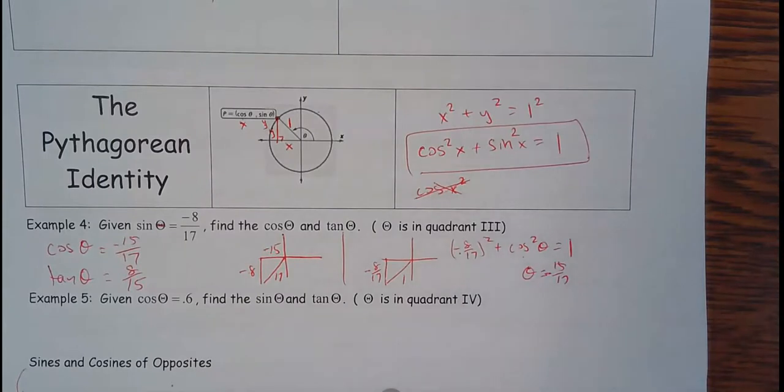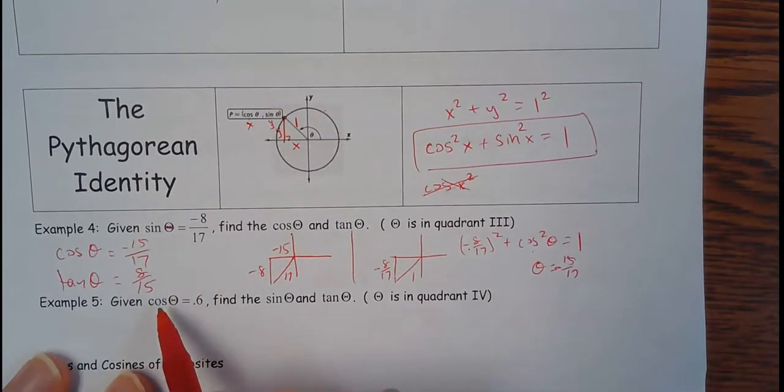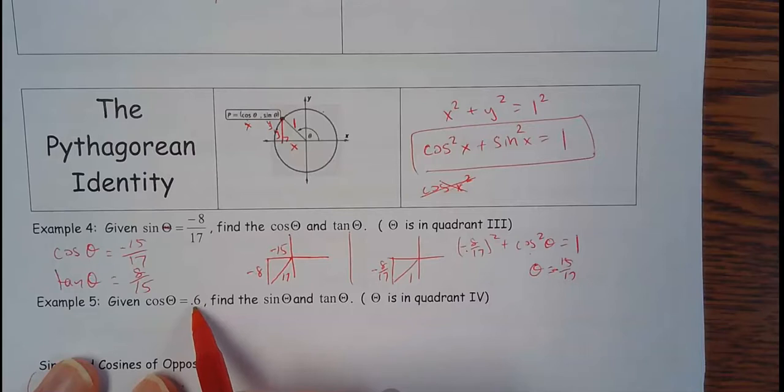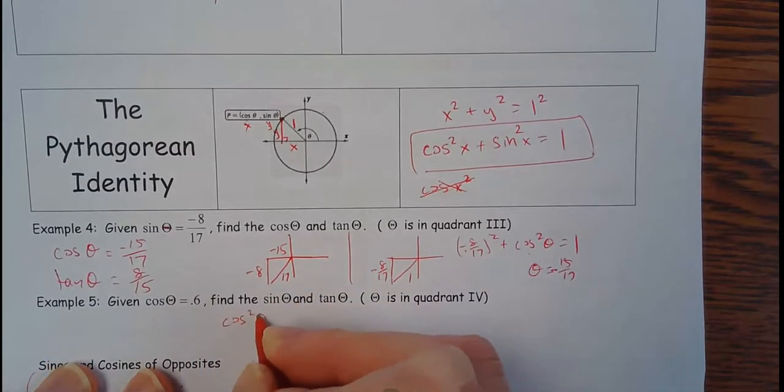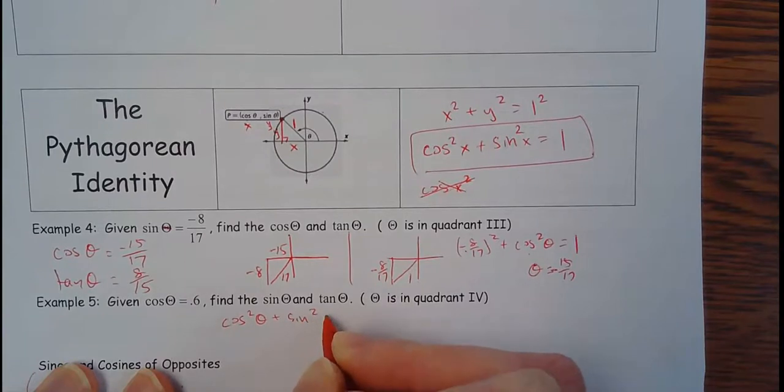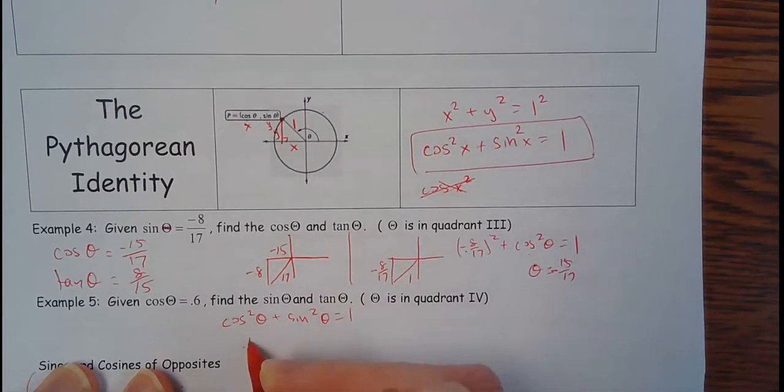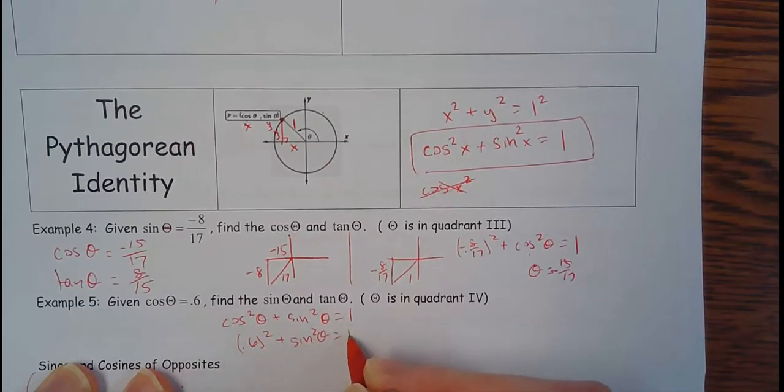So if I wanted to do this a little quicker, if the cosine is 0.6 and I want to find the sine, well, cosine squared theta plus sine squared theta equals 1. So it'd be 0.6 squared plus sine squared equals 1.